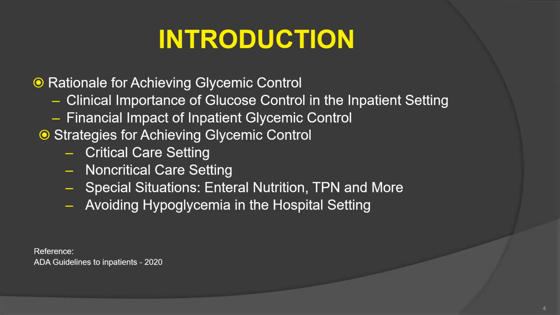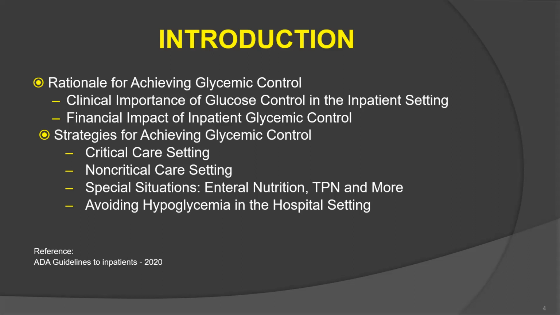So what is the rationale of having good glycemic control when the patient is hospitalized? There is clinical importance of glucose control in the inpatient setting, and there is a financial impact of inpatient glycemic control. Strategies for achieving glycemic control would depend on where the patient is.